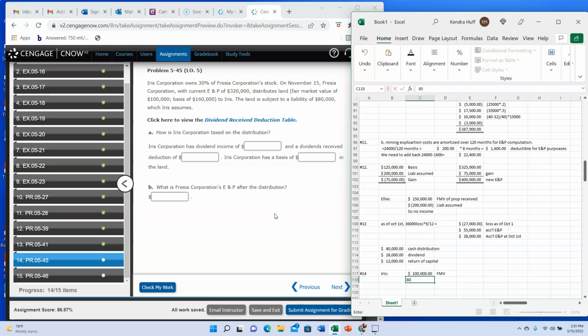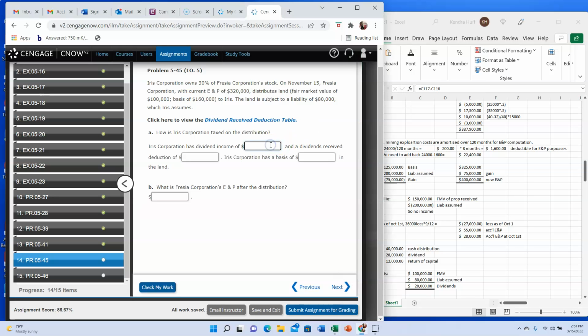But it had a liability assumed of $80,000. So this is her dividend. It's not her, it's a corporation. Dividend income of $20,000. And she owns it 30%.